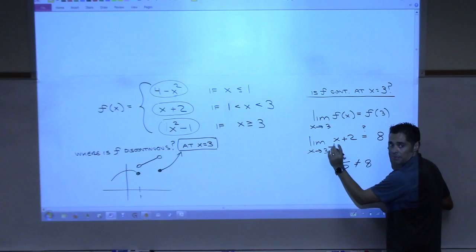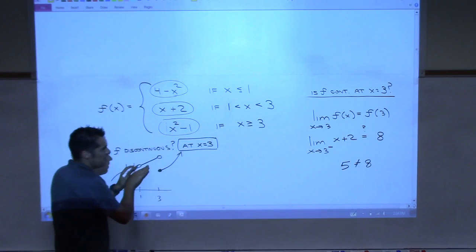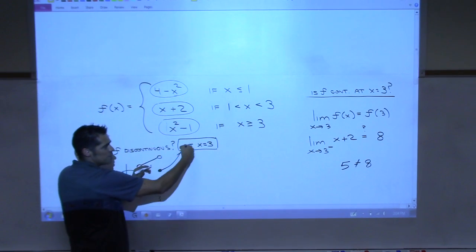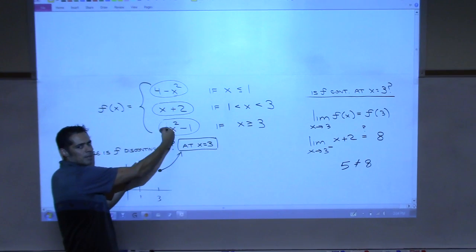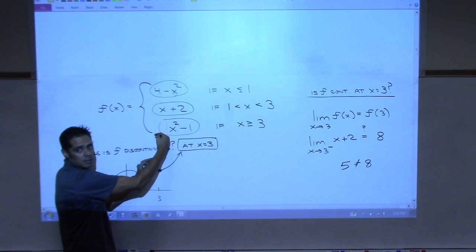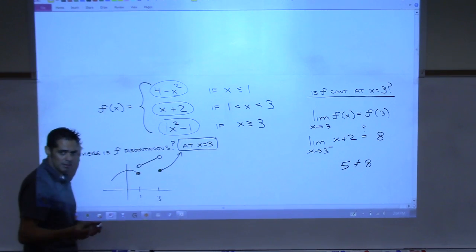That should have been from the left. I apologize. What we're saying is that as we approach 3 from this side, it's approaching what value? 5, but from this side, it's approaching what? 8. So my picture isn't right. My parabola should have been up here, but I was guessing, right? So they don't meet up. But here, at 1, they did meet up. Does that clarify? Okay.